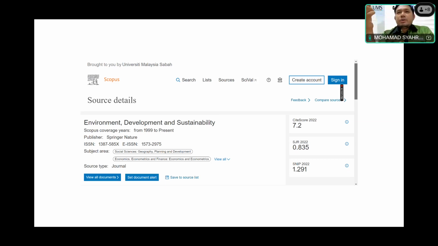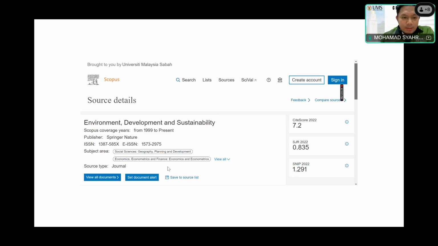Sometimes the SCImago coverage is still there, but in the Scopus database, it is discontinued. So which one is correct? Of course this one. So just refer to the legit one. This is the Scopus database, okay?